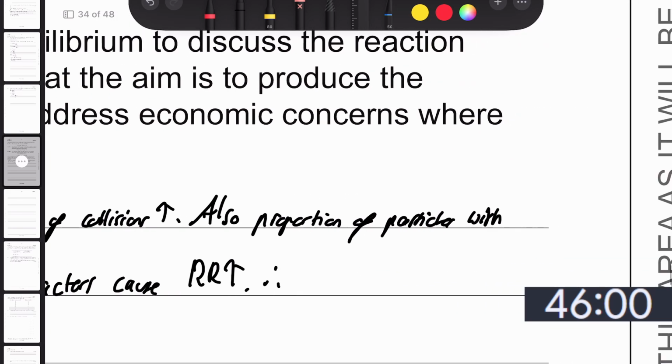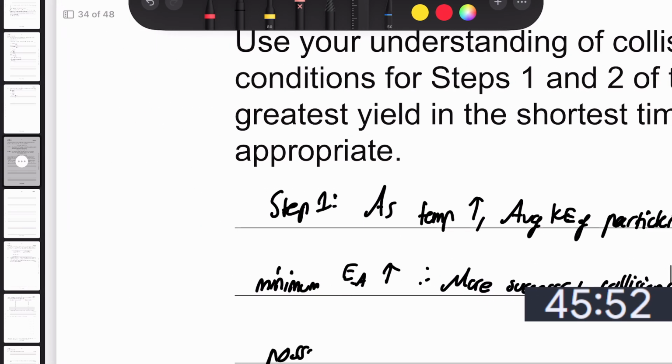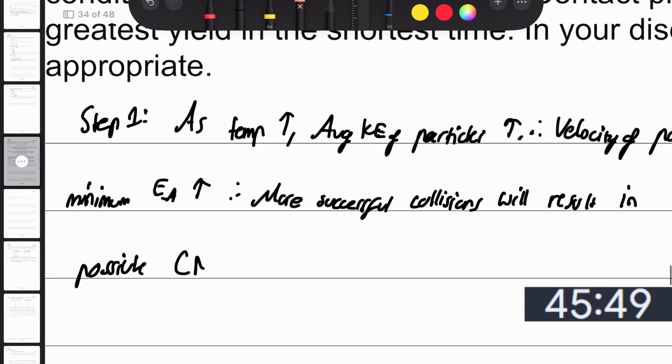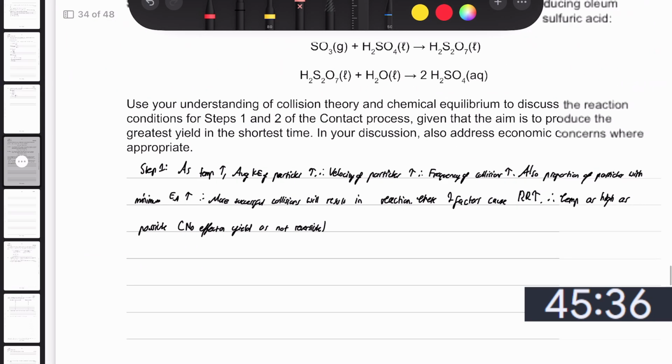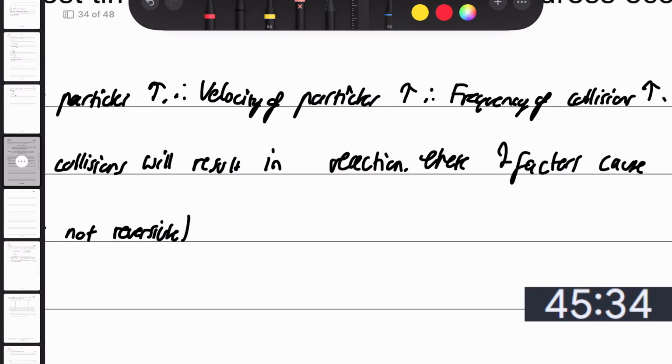Therefore, temp as high as possible, no effect on yield, as not reversible. So high temp of 1000 used.